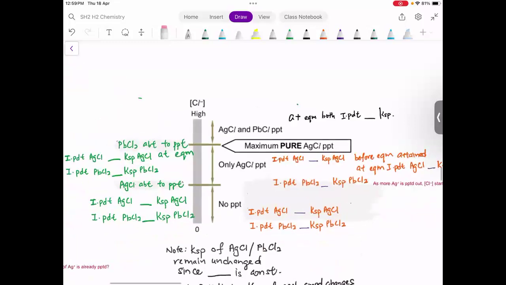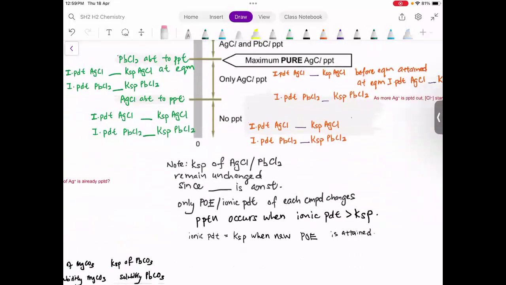Okay, let's fill in the blanks. Let's look at the footnote at the bottom. The Ksp of silver chloride and lead chloride will remain unchanged throughout, because it's only affected by temperature. Since temperature is held constant, the big letter K is unchanged. But you must recognize that the position of equilibrium can shift as the concentration of ions changes.